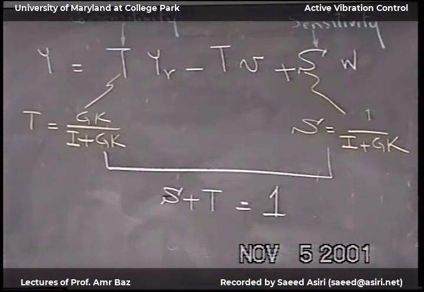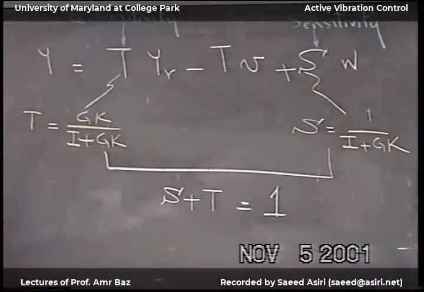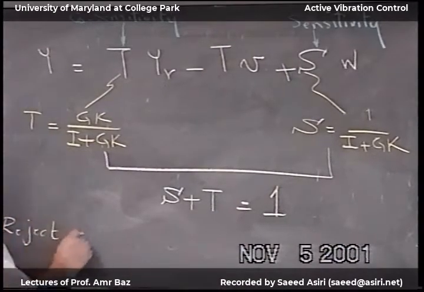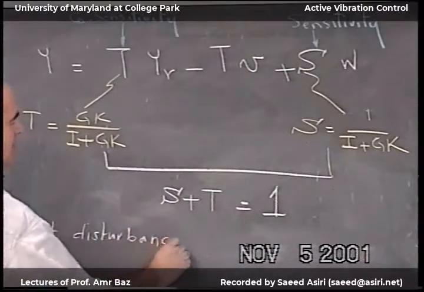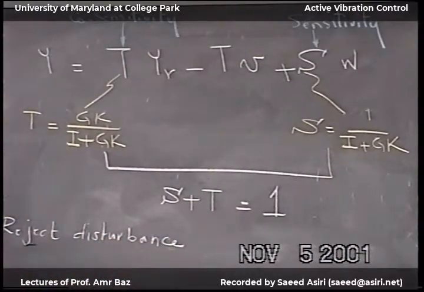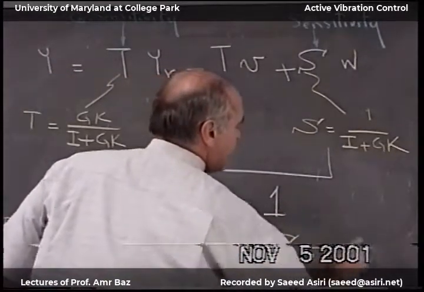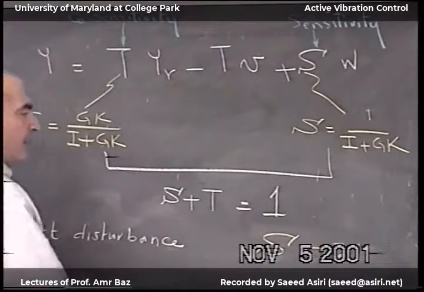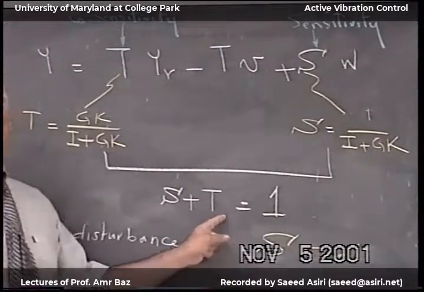And we put conditions to reject the disturbance. S has to be small. And once we have this, then this means from here that T is large.